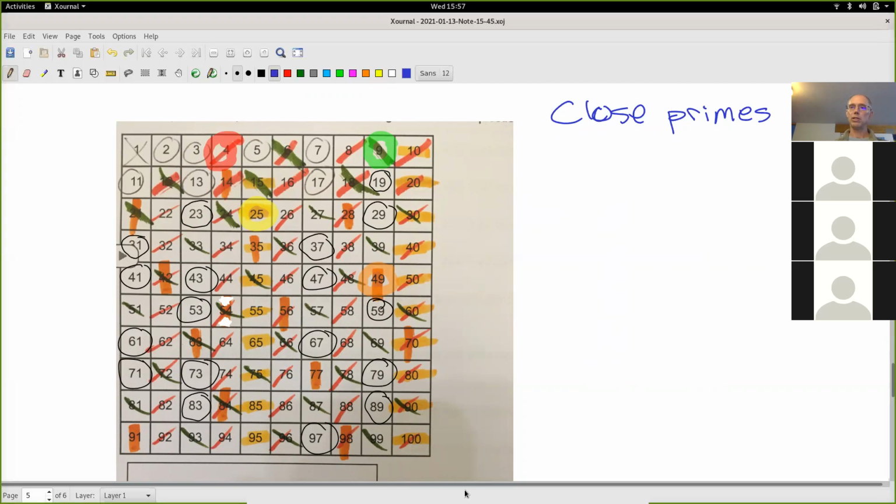Can anyone hear me? Just one number away? Yeah, one number away. So the closest two primes would be 2 and 3, which are 1 apart. But that never happens again because there's no other even primes. All the other primes are odd besides 2. Okay, so what's the next closest two primes could be?